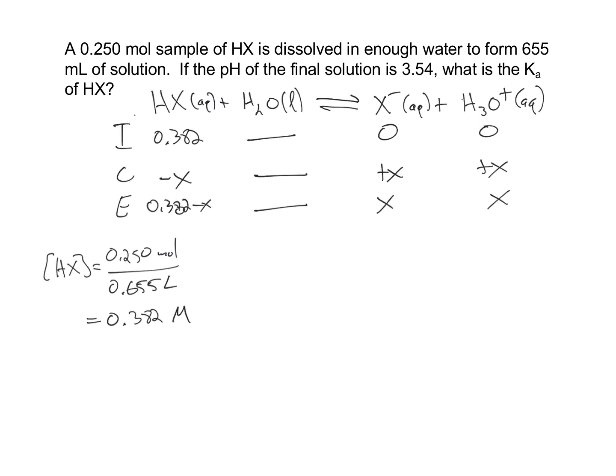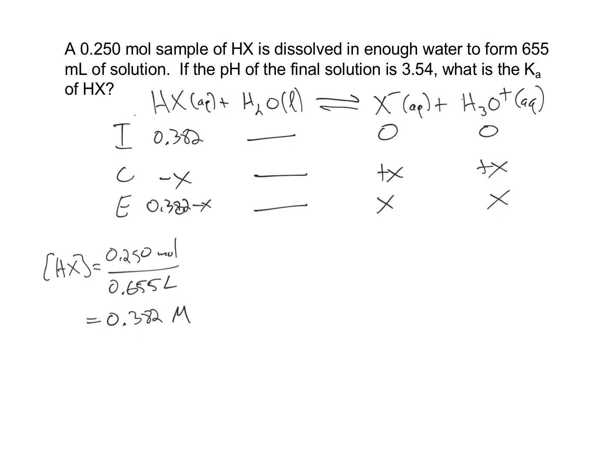All right, so to calculate Ka, I need to know what the equilibrium concentrations are. And it appears right now I don't know that. However, we know the pH. And so I can use the pH to find the H3O plus concentration at equilibrium, and so that will give me x. And then once I know x, I can recalculate all of these equilibrium values, and then I can plug that into the equilibrium constant expression to get Ka.